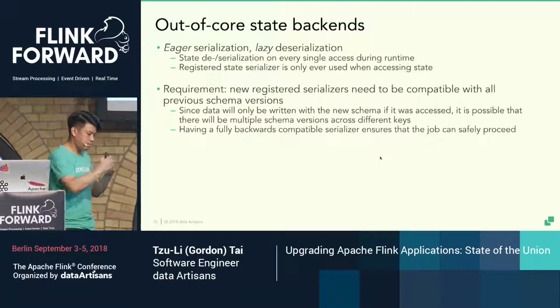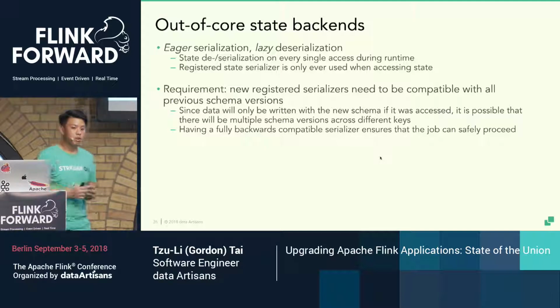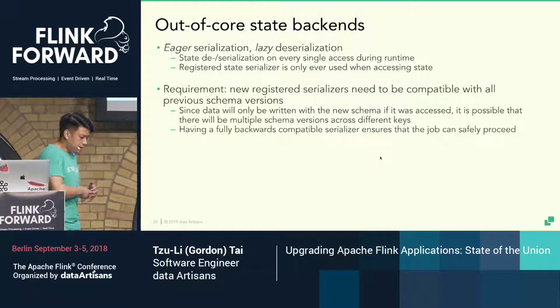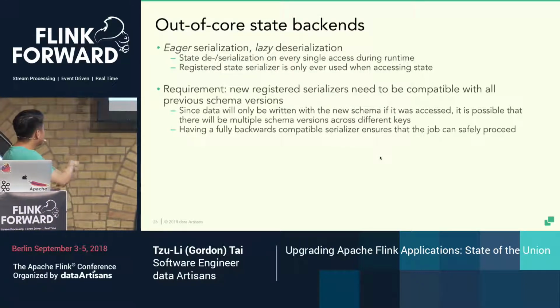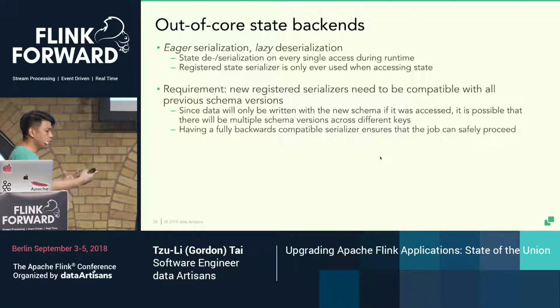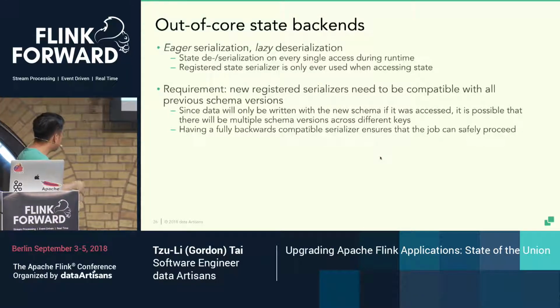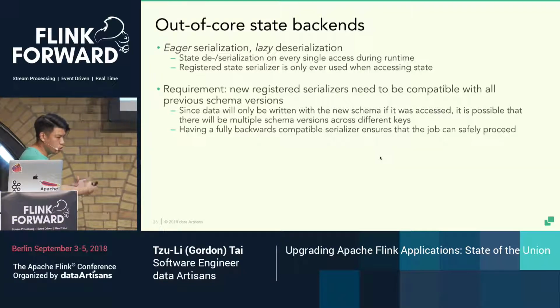It's not just the past execution's version, but all versions that might be in the state savepoint. And as I mentioned, this is because data will only be in the new version if it was accessed and written with a new serializer. So it is important for this scenario to have a fully backwards compatible serializer that ensures jobs could proceed safely, especially if you're using out-of-core state backends.